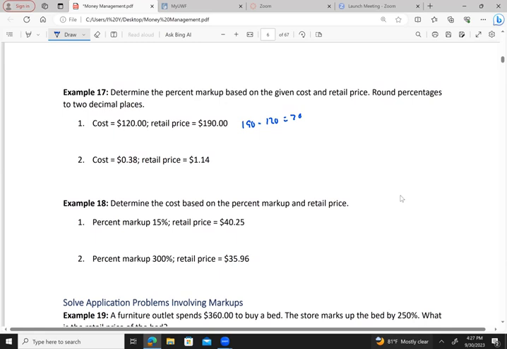So our percent markup is 70 over 120 times 100. 70 divided by 120 times 100, and we get 58.33%.